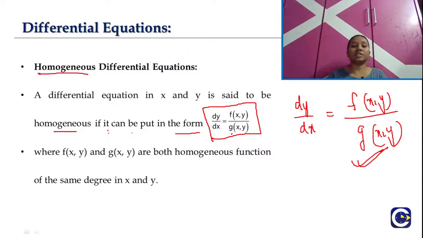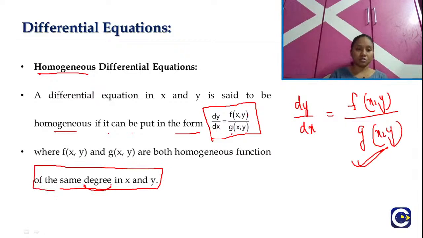Both f of x comma y and g of x comma y are homogeneous functions, and the condition is that they have to be of the same degree in x and y.